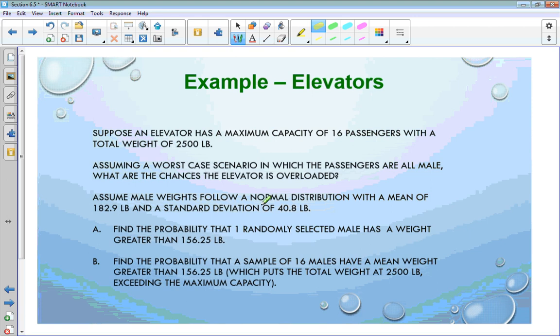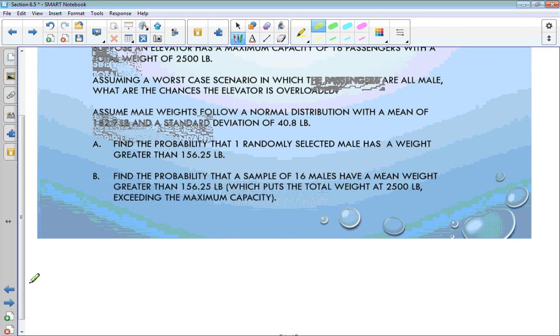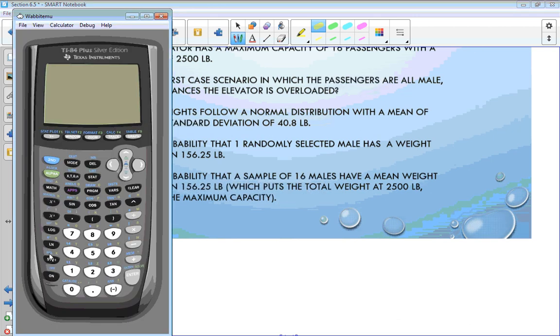Now we need to find the probability that if I randomly select one male, he has a weight greater than 156.25. So here we go. It's going to go back to us drawing out that curve so we can see what's happening.